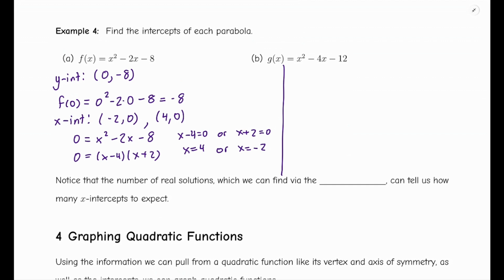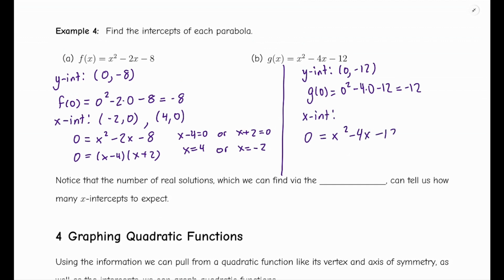Part B. So again, I'm going to start with the y-intercept. Plug 0 in for x. You get 0 squared minus 4 times 0 minus 12, which is -12. So our y-intercept is (0, -12). Then I replace g of x with 0 to find the x-intercept. So we get 0 equals x squared minus 4x minus 12.